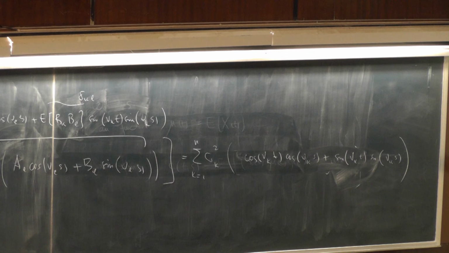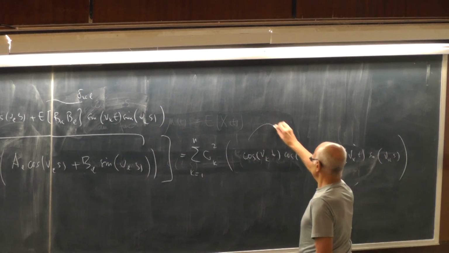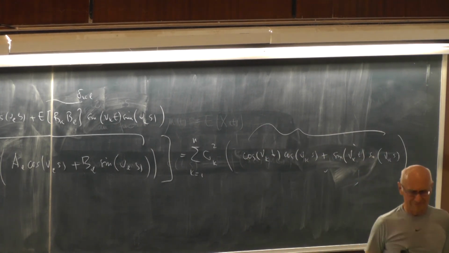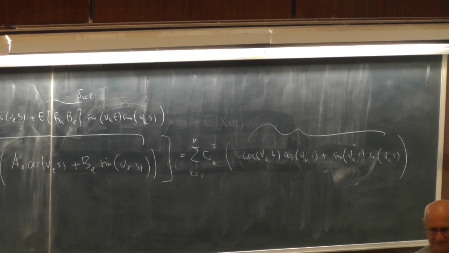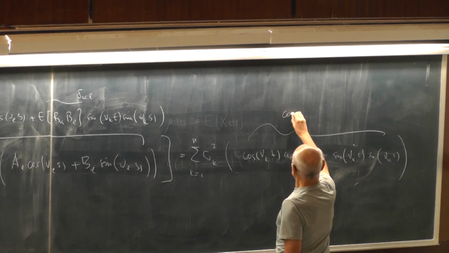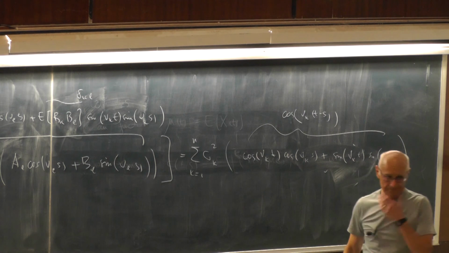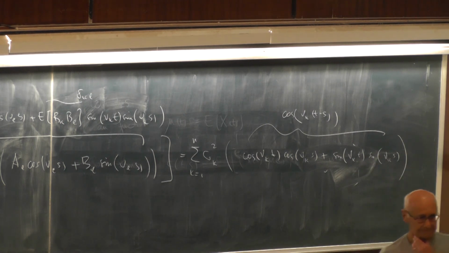Everybody's good with this? Well, this is one trigonometric identity, which tells us how to do this. It's cosine of mu_k. Yeah, I remember that.